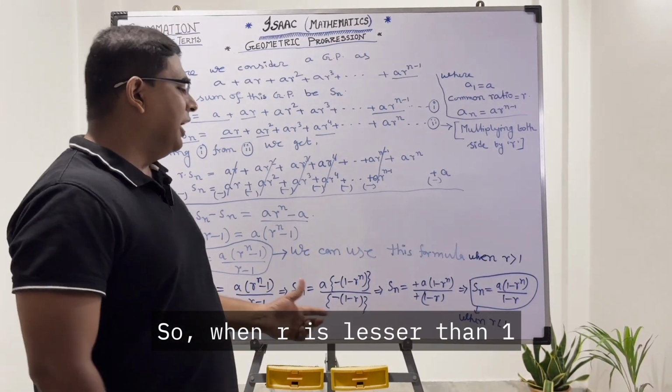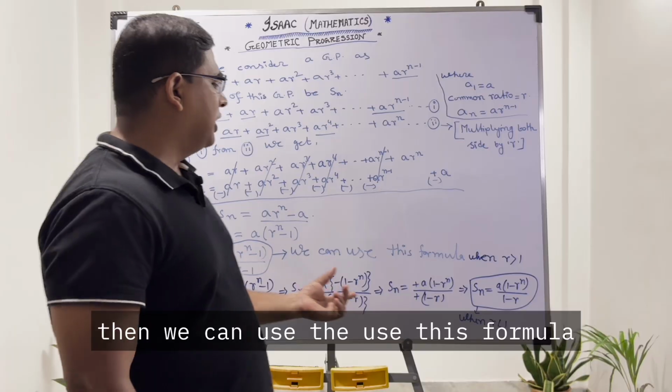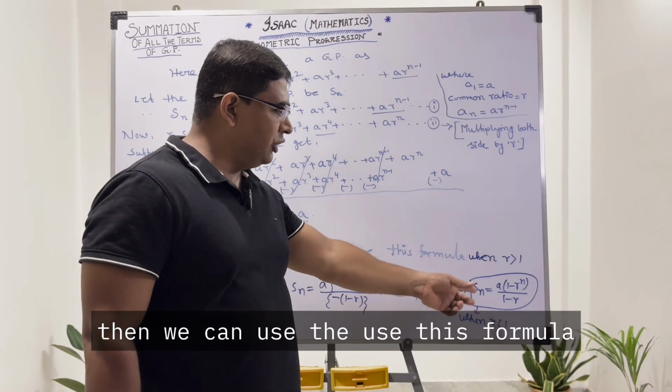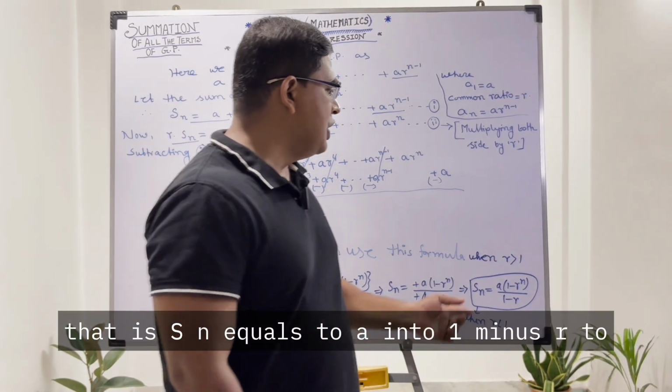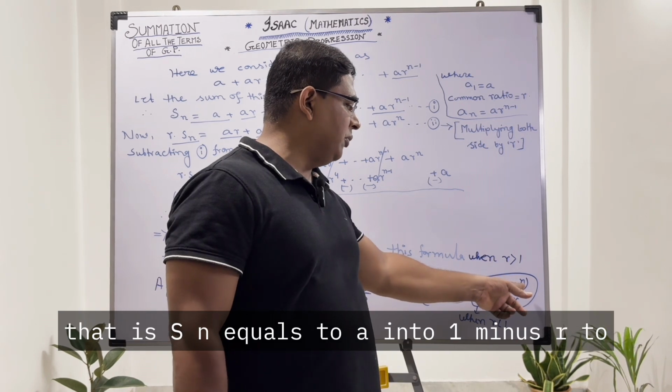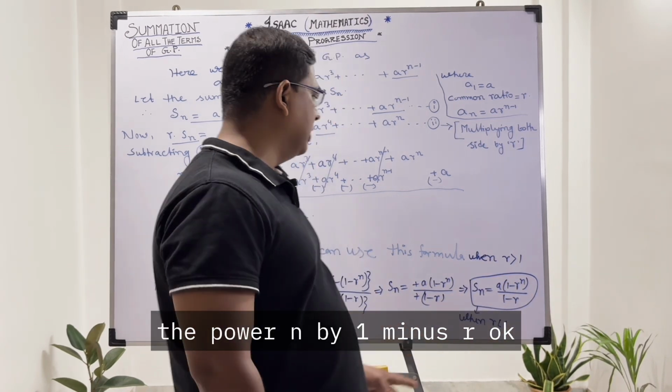So when r is lesser than 1, then we can use this formula, that is Sn equals a into 1 minus r to the power n by 1 minus r. Okay.